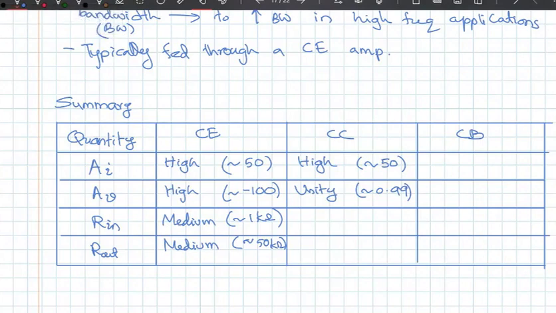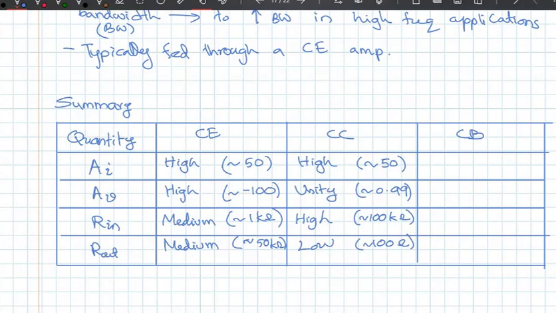Input impedance is high, in the range of 100 kilo ohms, and output impedance is low, in the range of 100 ohms.